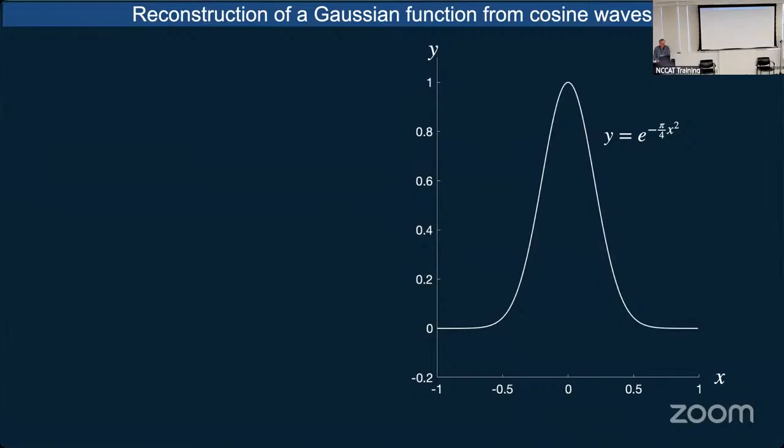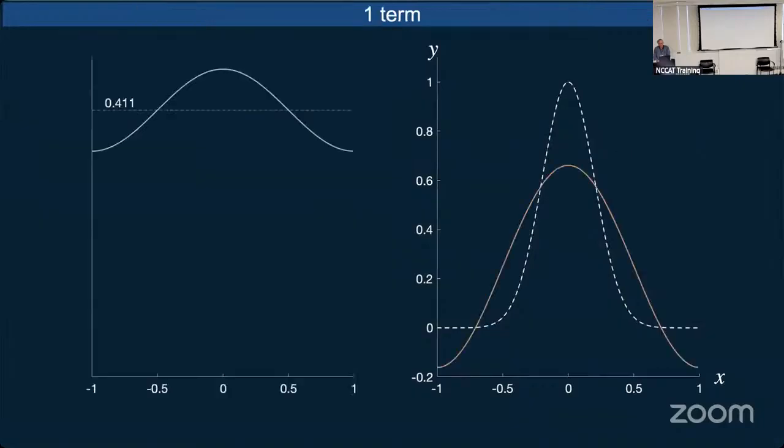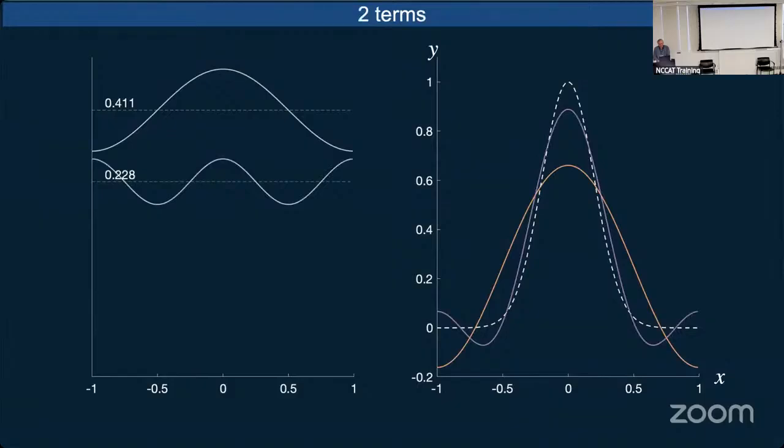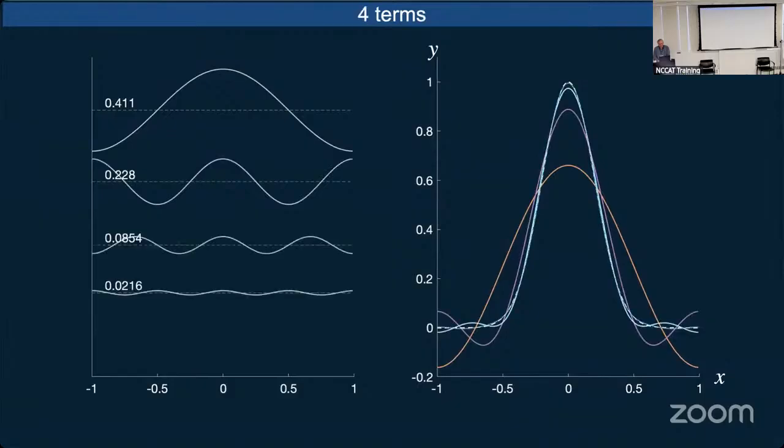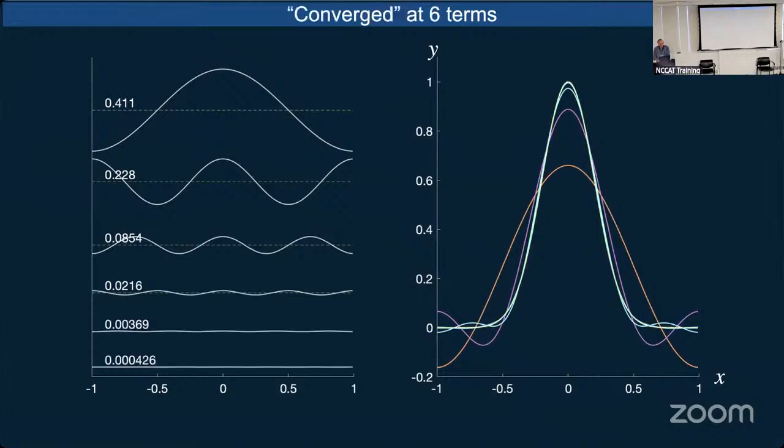So, Joseph Fourier in the 19th century was a mathematician who showed that if you give me a function, the function can be reconstructed by adding together sinusoidal functions.